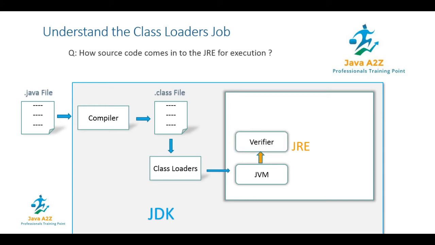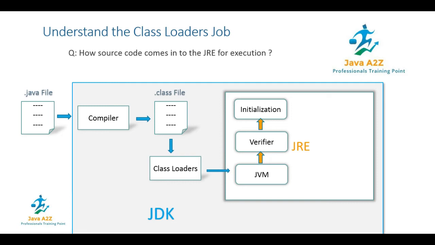The JVM invokes the verifier, and the verifier is responsible for checking whether your bytecode is correct or not. Suppose this can be a harmful file, it can be a virus, it can be an anti-bytecode file. So the verifier is responsible for identifying whether it is the right bytecode, and whether it is for our environment or not. Once your bytecode is verified and okay, this is the stage to initialize it.